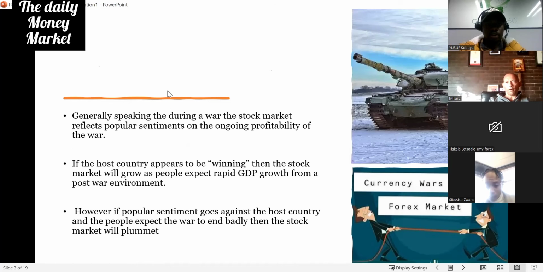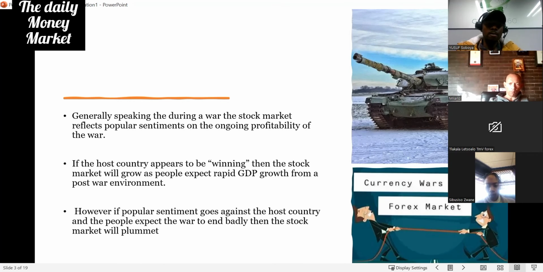Generally speaking, during a war, the stock market reflects popular sentiment about the ongoing profitability of the war. If the host country appears to be winning, then the stock market will grow as people expect rapid GDP growth from the post-war environment.